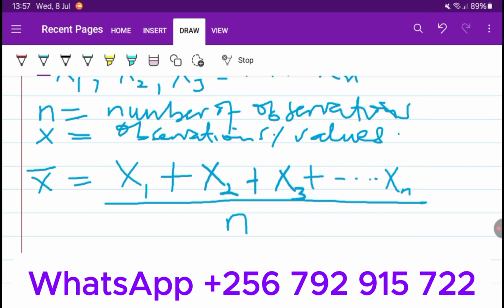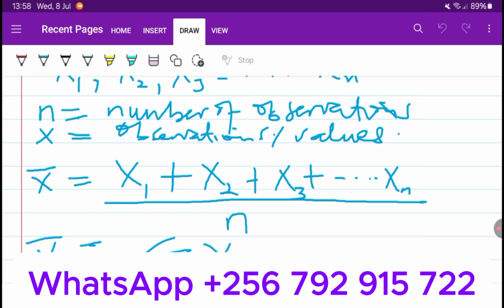Of course, this can be represented as well. We can also say that mean is equal to the summation of x over n.